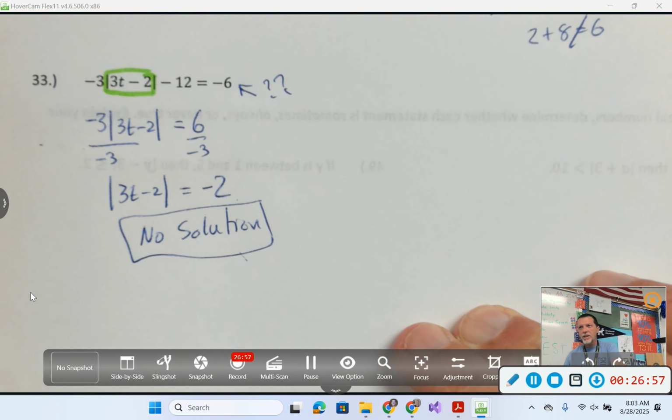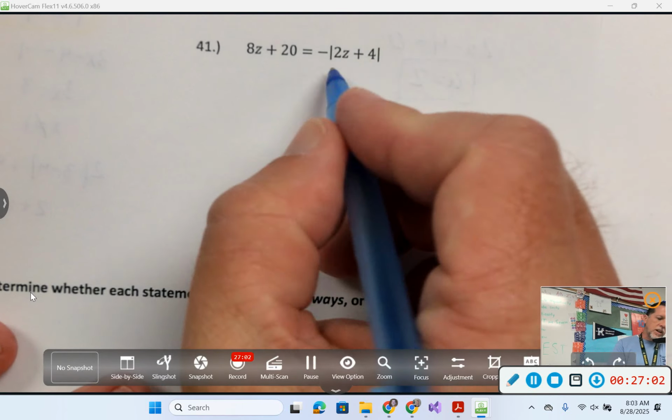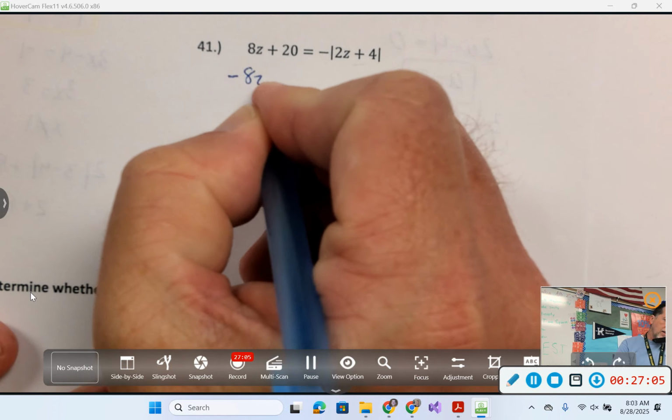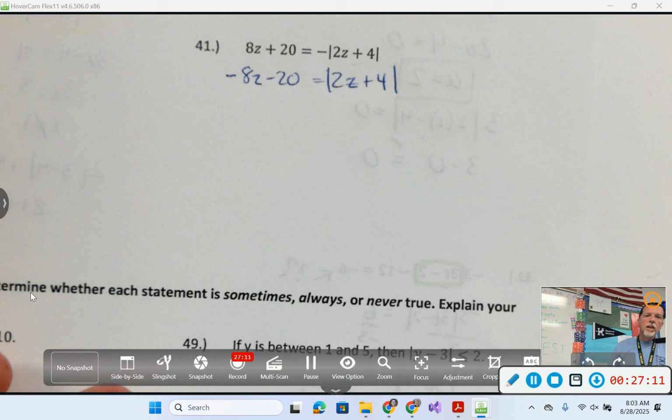Max, which one were you looking at? The one on the other side. So to get the absolute value thing by itself, I would move that negative over. Multiply by negative 1 or divide by negative 1.